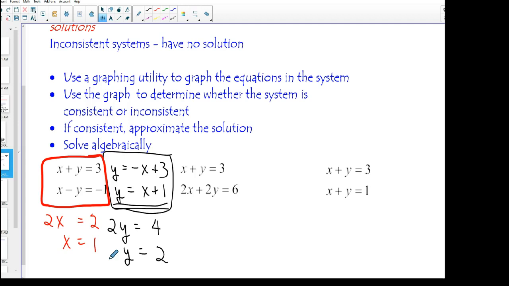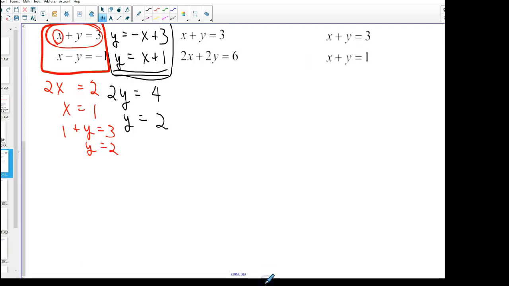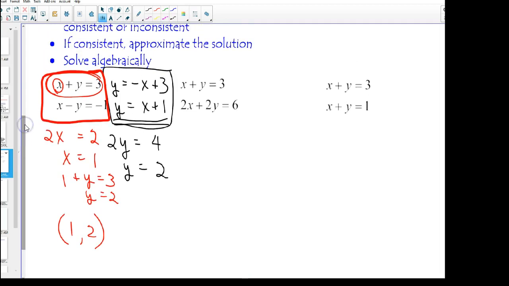If I put my answer for x back in place of the x in either one of the original equations, I can solve for y and find that yes, y is 2. So the solution I approximated from the graph, 1, 2, is in fact correct. This system has a solution. That means it is a consistent system.